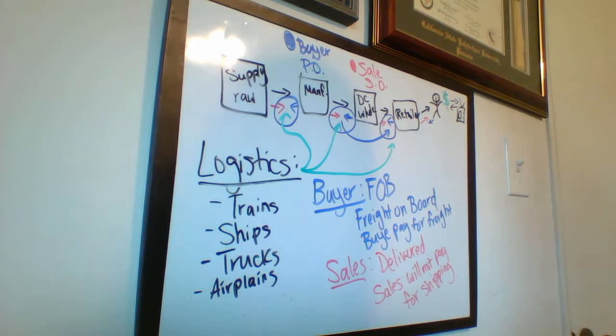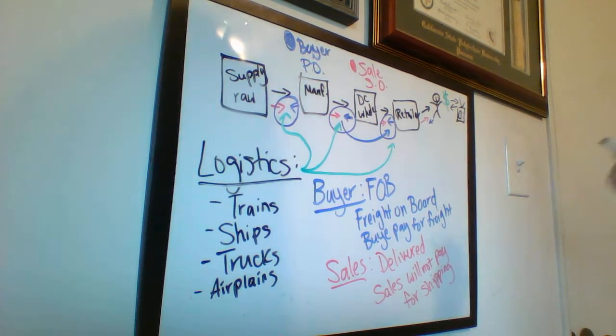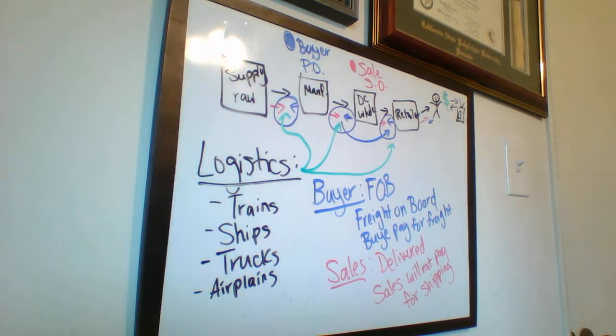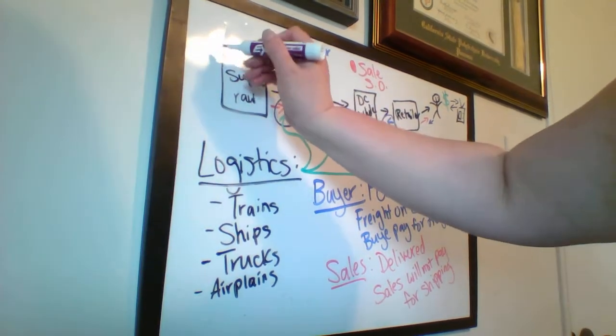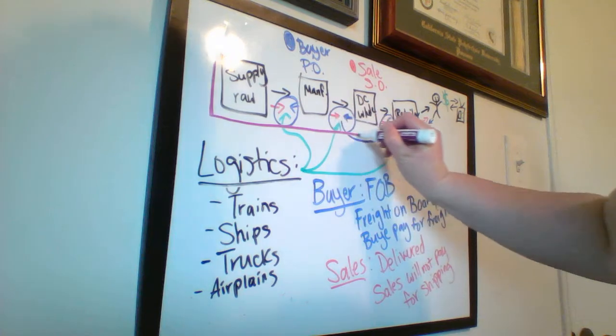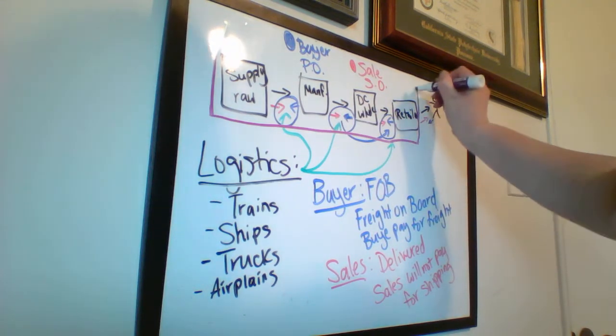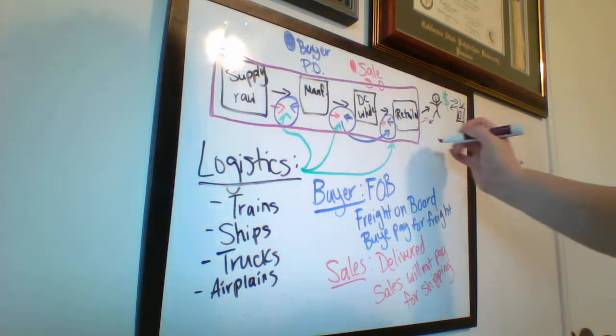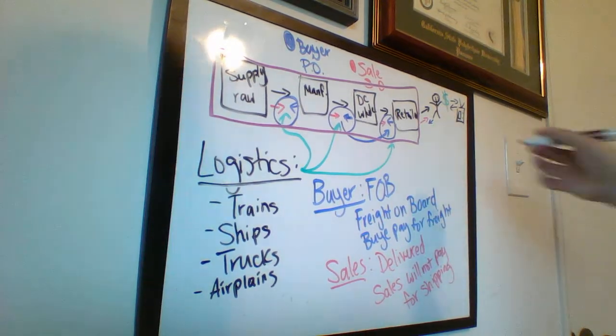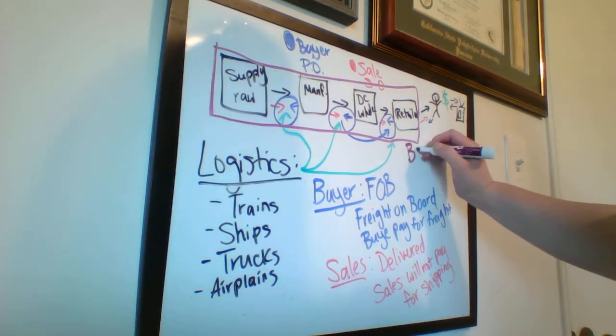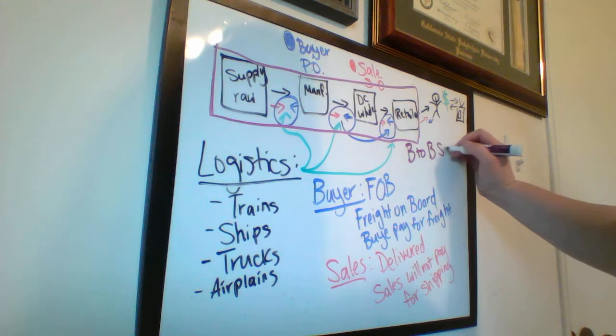This is what we call business-to-business sales. In the supply chain between raw supplier, manufacturer, distributor, and retailer, this whole purple area is what we consider B2B sales.